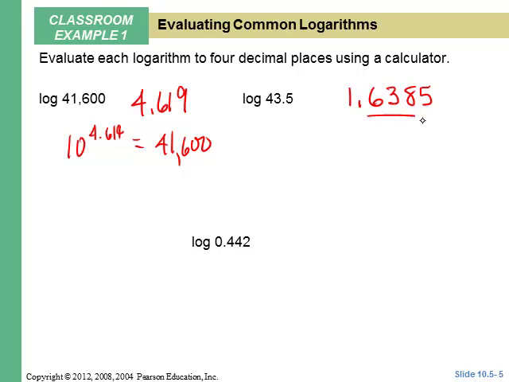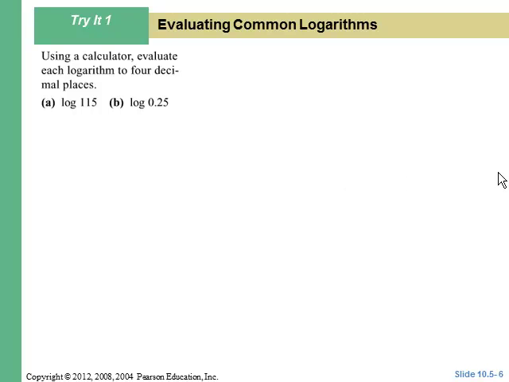5. I guess we're supposed to go to 4 decimal places. And then for the last one, log of 0.442, and we get negative 0.3546. Okay. So you do these two.